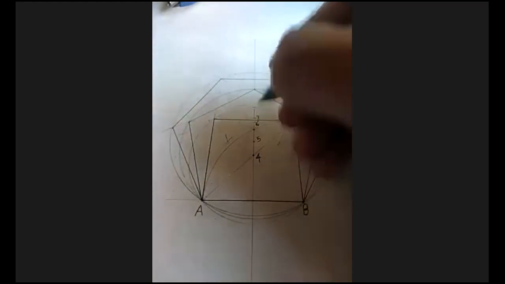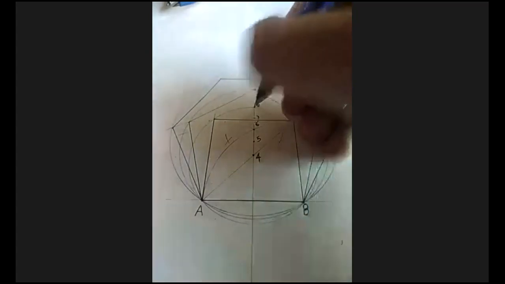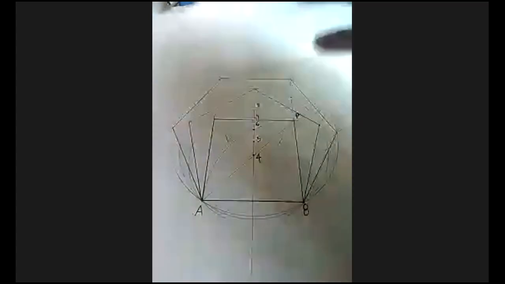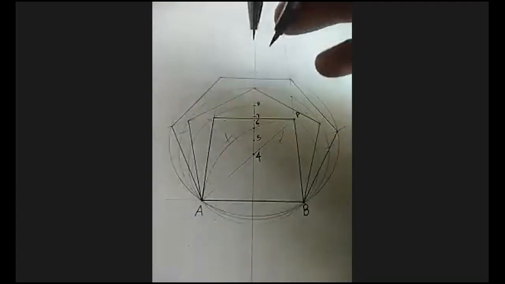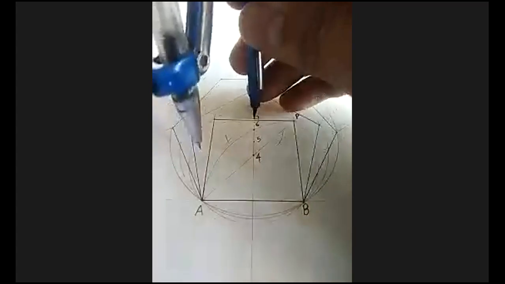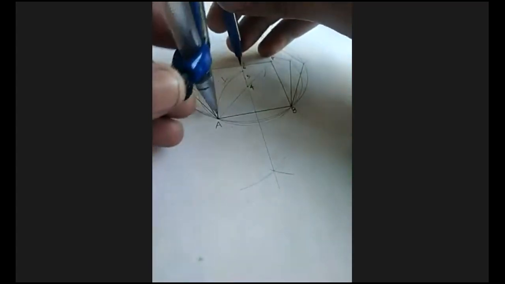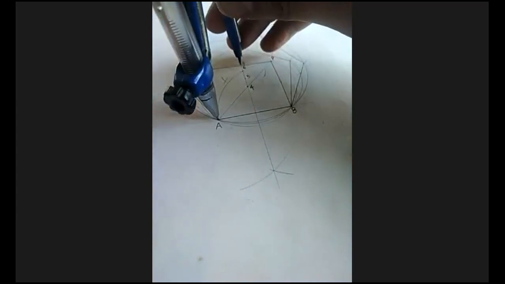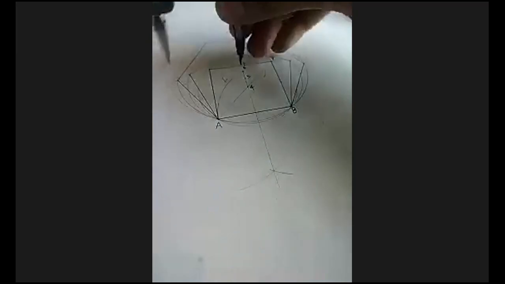One is point 7, another is point 8. We will go up to 8 only. So you complete your heptagon and octagon quickly without wasting much time. Procedure is same. A7 is the radius, 7 is the center, draw one circle.